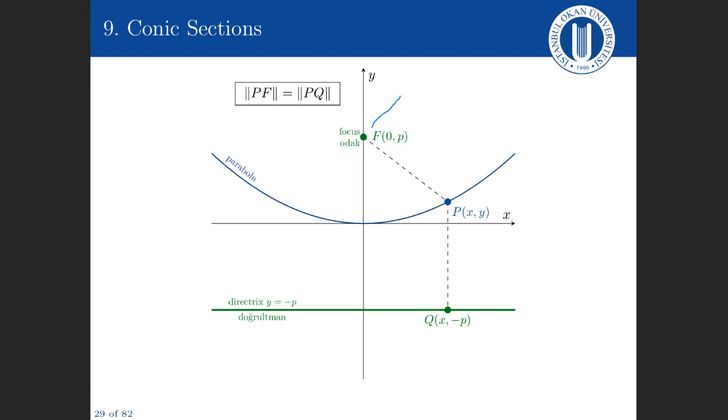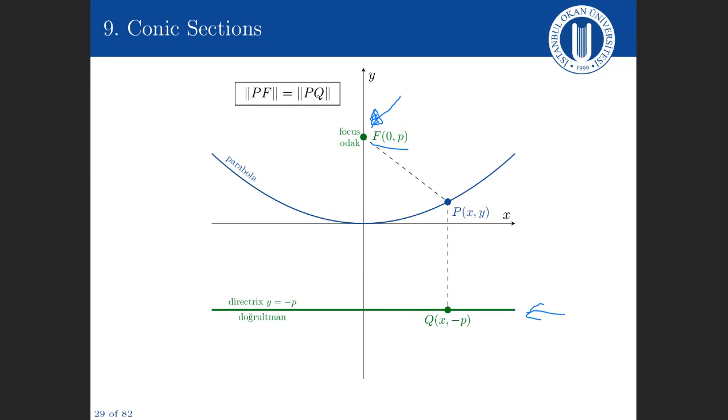This point just here is my focus. I'm going to say this has Cartesian coordinates 0, b. And this green line at the bottom is the directrix. I'm going to say that this is a line with equation y is equal to minus b.